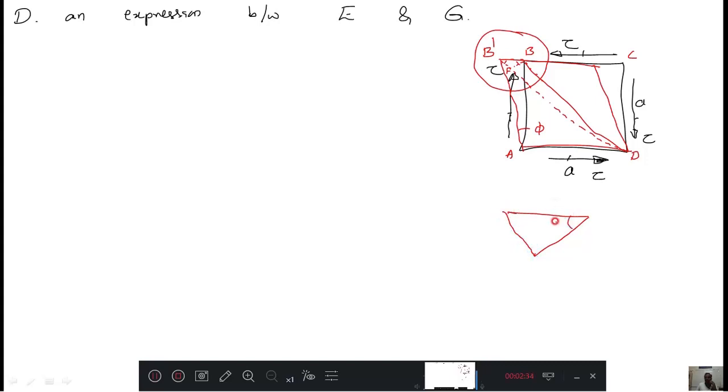This is 45, this is the B point, this is B dash, and this is the F point, and this straight line has become the D point here. Now we get one more triangle, the triangle B dash B A. That triangle looks like this.